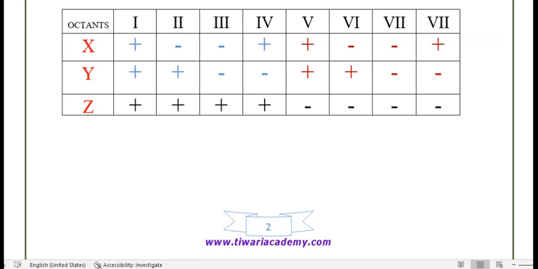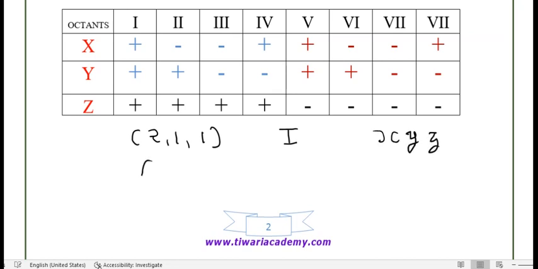Say I have the coordinates 2, 1, 1. You can see all are positive, so it must be lying in the first octant. This first octant is also known as XYZ.